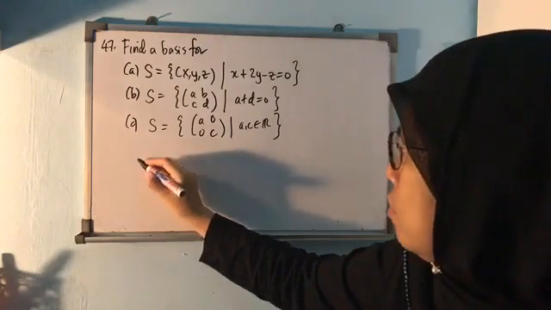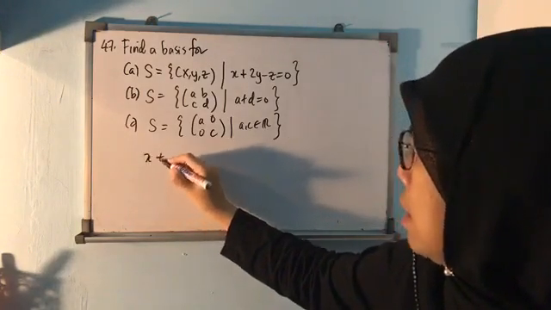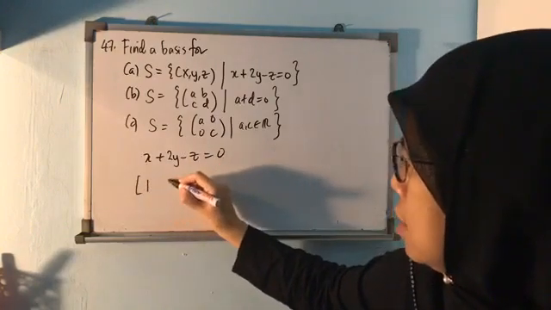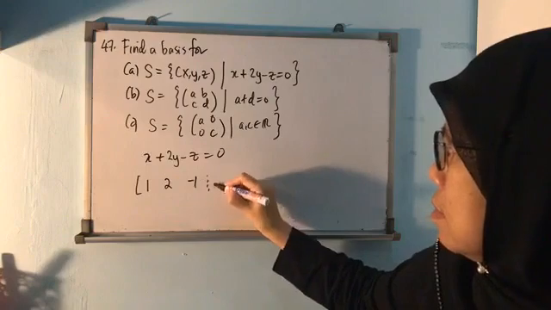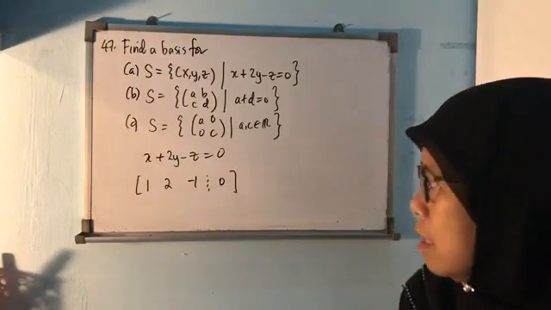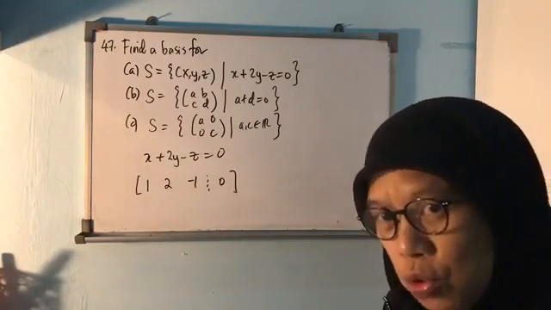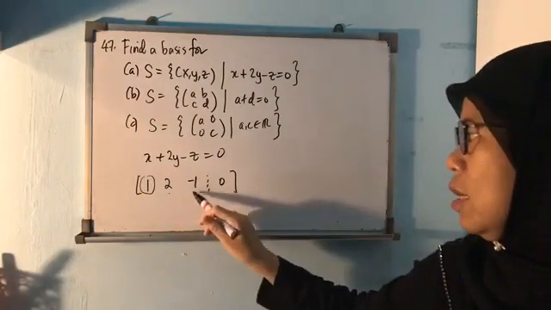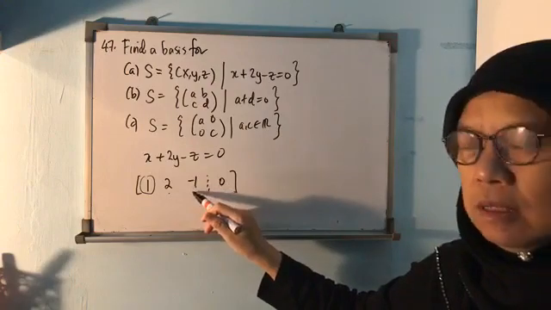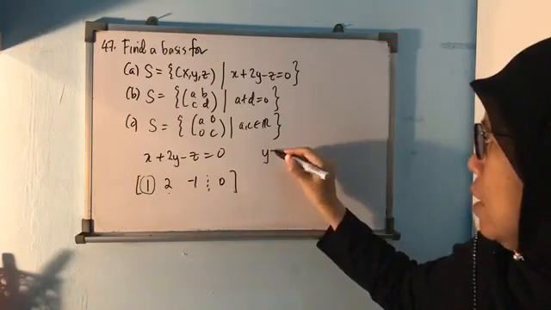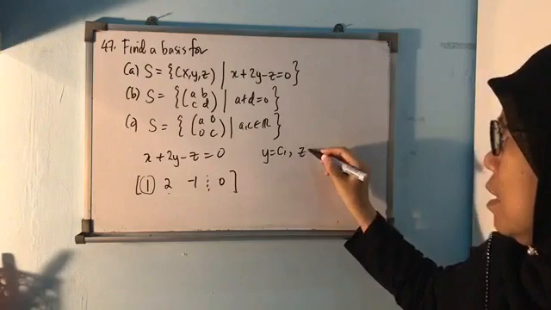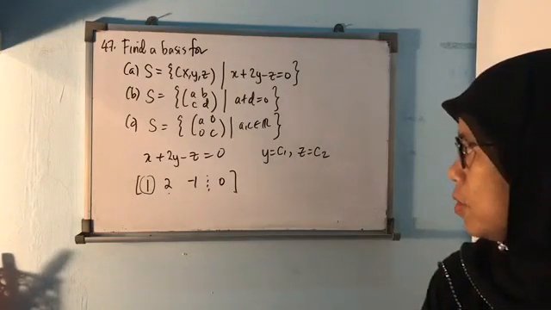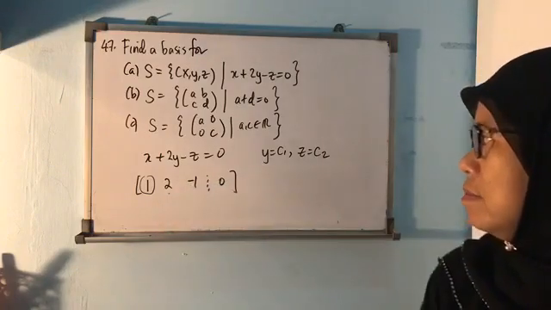So if you look at x plus 2y minus z is 0, I put this in this form just to show you that this is not free. These two are free variables. Okay, so y is C1, z is C2. Okay, this is free, this is free.